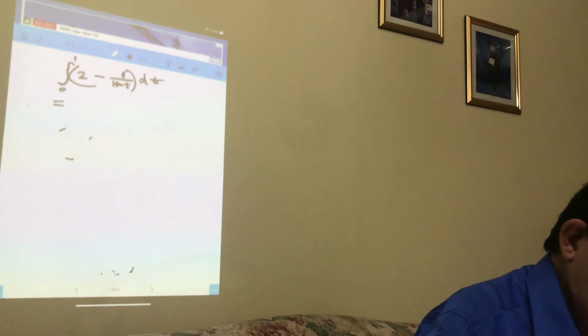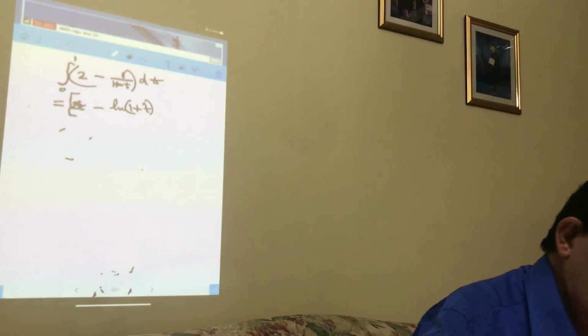Integrating 2 gives 2t, and integrating 1 over 1 plus t gives minus ln modulus of 1 plus t. And the limits are from 0 to 1.